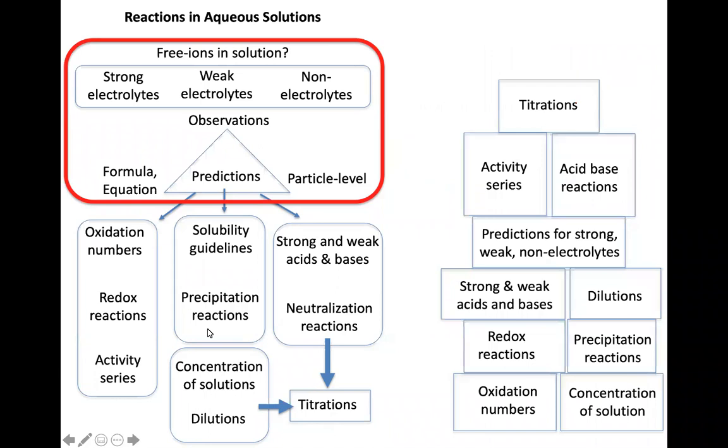So when I stack up and look at the different ideas and skills we need within chapter 4, there's a lot of different ideas and skills, but I think you're going to do well with them. The first idea of looking at the characteristics of these aqueous solutions, I put that in the category of can we make predictions for what are going to be strong, weak, and non-electrolytes. So that's where we're going to start class.